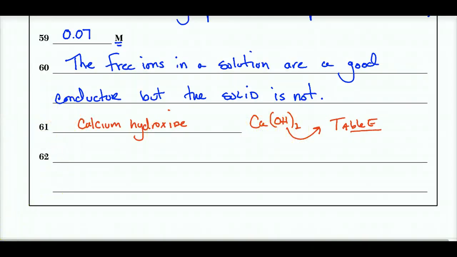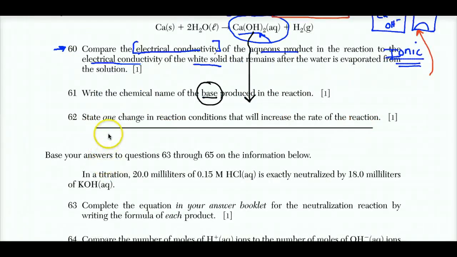In any case, 62. State one change in the reaction conditions that will increase the rate of the reaction. Okay, well, we know the factors that affect the rate of reaction are manifold. You can increase the concentrations, but they want one change in the reaction conditions.